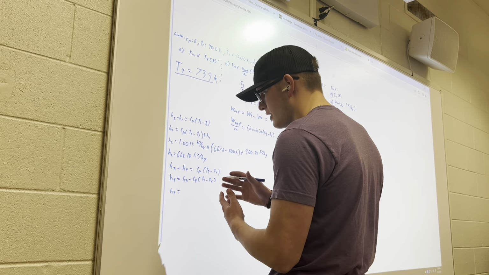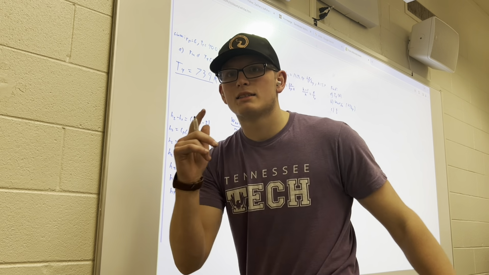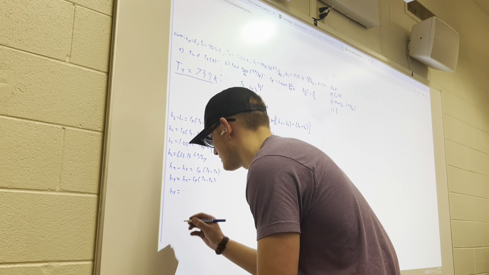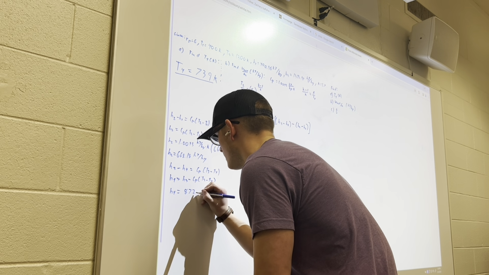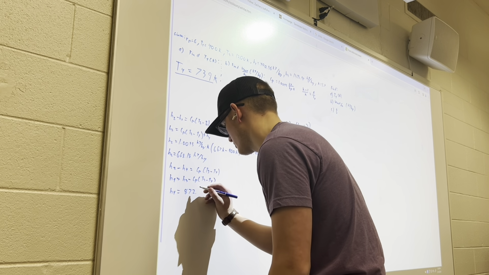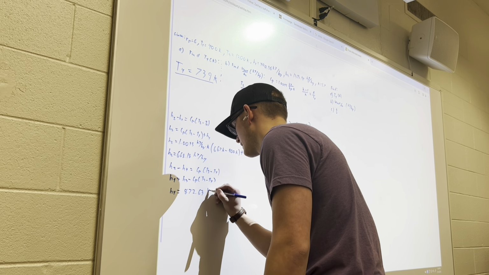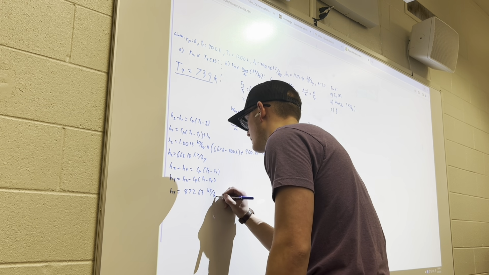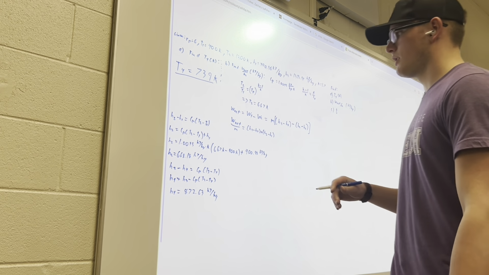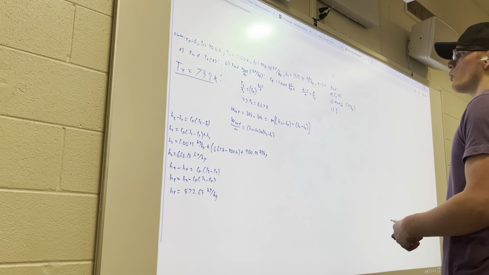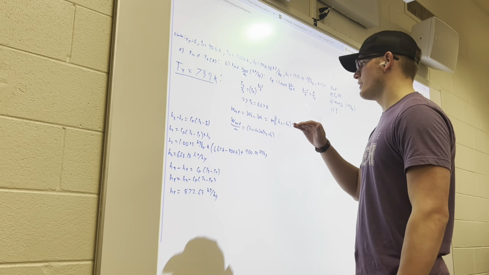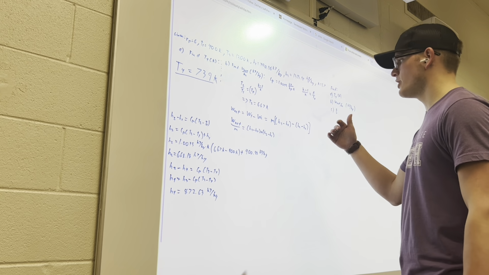Now, we know that H4, when you solve this, is going to be equal to 872.63 kilojoules per kilogram.